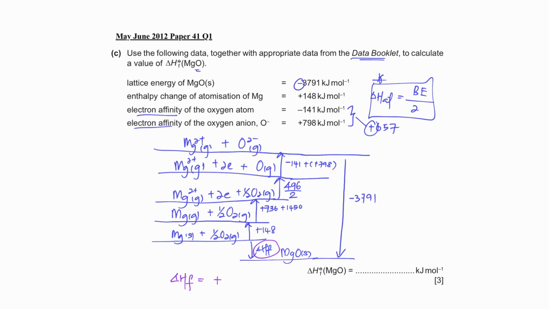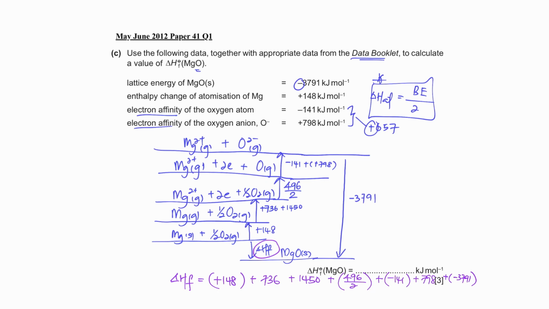So we have positive 148 for the atomization of magnesium, plus the first ionization energy and second ionization energy of magnesium, followed by the atomization of oxygen, which is half of the bond energy, plus the first electron affinity of oxygen and second electron affinity of oxygen, and lastly the lattice energy of magnesium oxide.